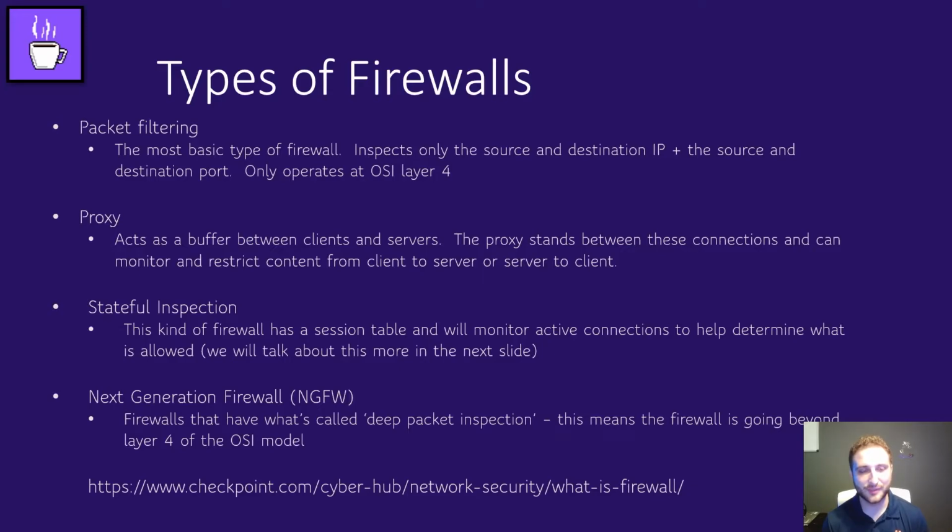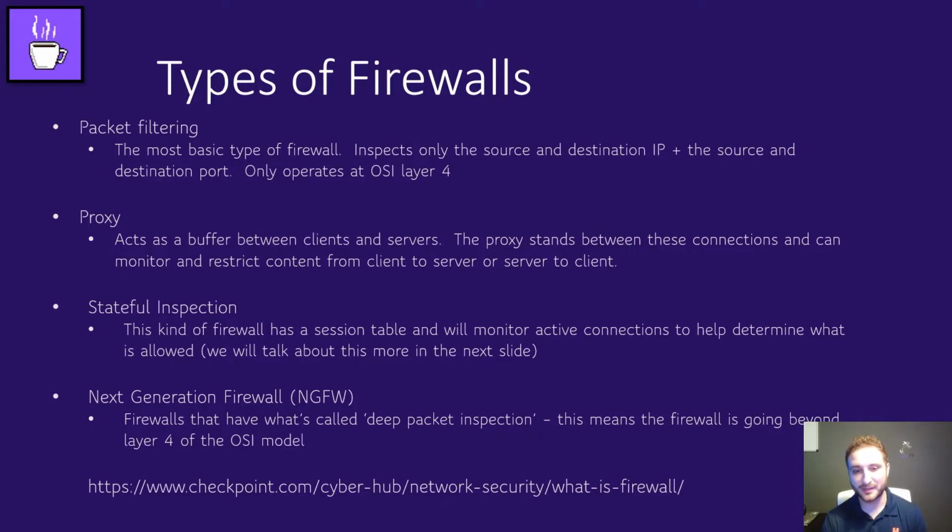And then we get to a stateful inspection firewall. So this is a firewall that has what's called a session table, and it will monitor active sessions to help determine what is allowed. We're actually going to go more into this in the next slide. We're going to go a lot deeper. And then lastly, we get to what we have today, which is the next generation firewall.